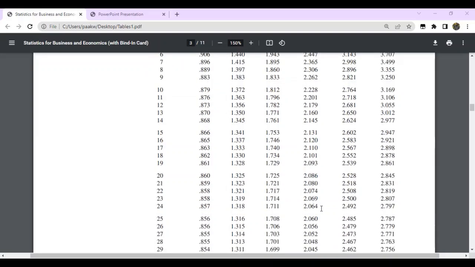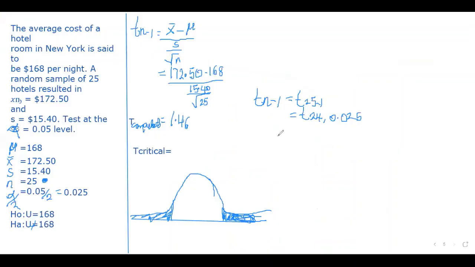So 24 and 0.025 gives plus or minus 2.064.